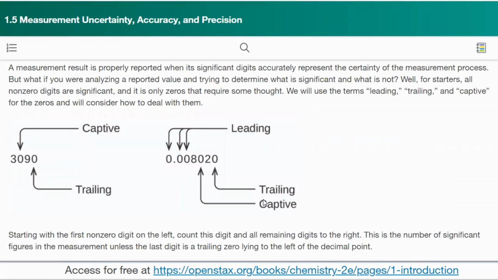But what if you were analyzing a reported value and trying to determine what is significant and what is not? Well, for starters, all non-zero digits are significant, and it is only zeros that require some thought. We will use the terms leading, trailing, and captive for the zeros, and we'll consider how to deal with them.